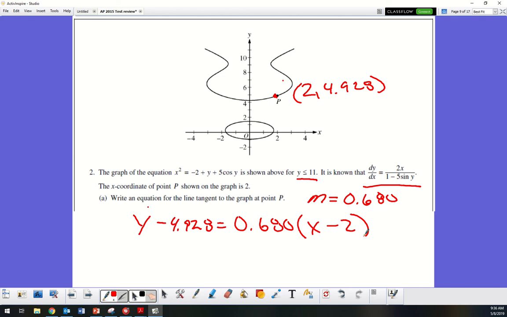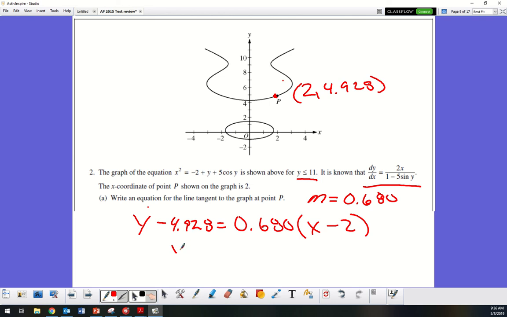Okay. So on this right here, I think I just leave it as point slope. No, I gotta turn it into y equals. So you could just add this to the other side.